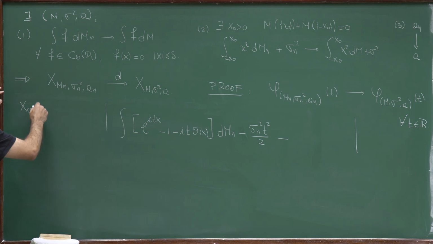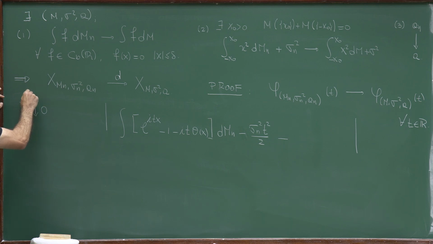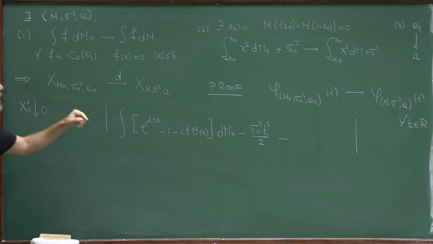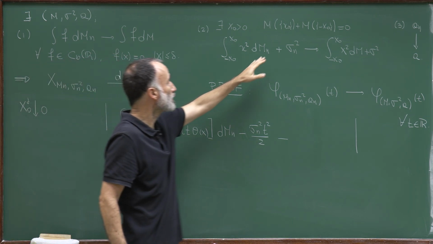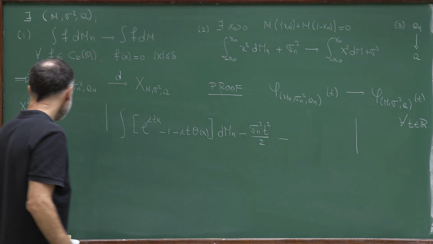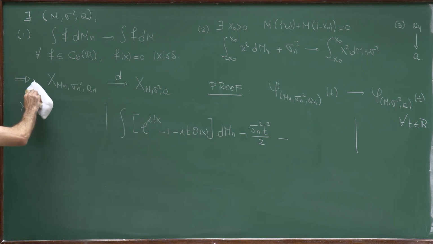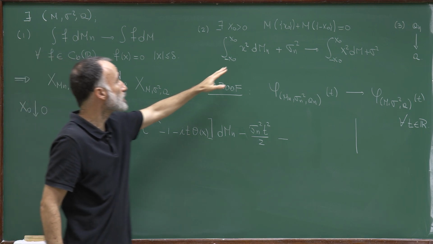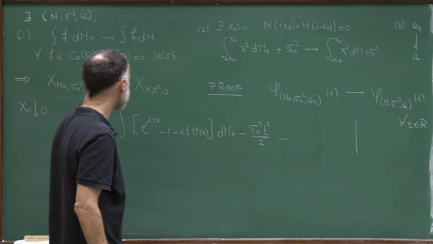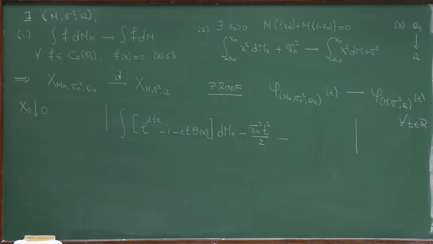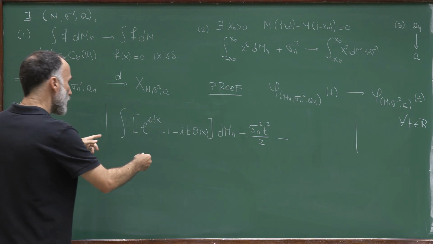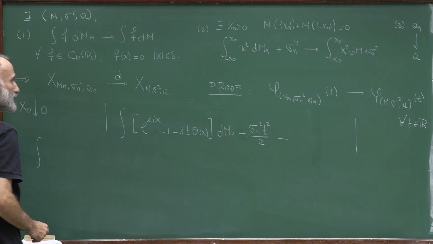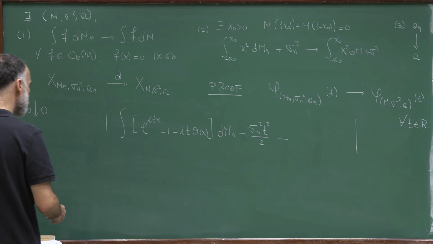So I certainly can find a sequence of points which decrease to 0 and which satisfy this condition. I'll just pick a point x0 which satisfies this condition, and at the end, this point will converge to 0. So I will divide this difference in 2 pieces.